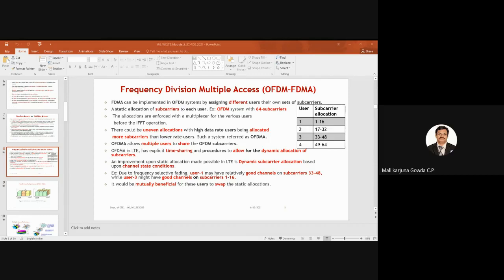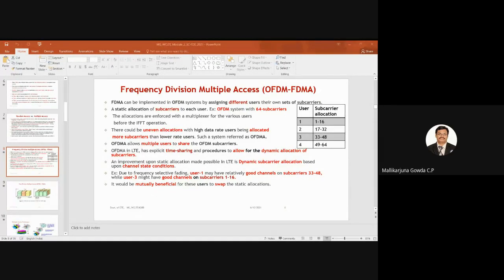Another way of doing allocation is to have an uneven distribution of these subcarriers among the users depending upon their data rate requirement, right? In that case, we can support the user who requires a higher data rate by assigning more subcarriers, and for the user who does not require much data, we can assign fewer subcarriers.